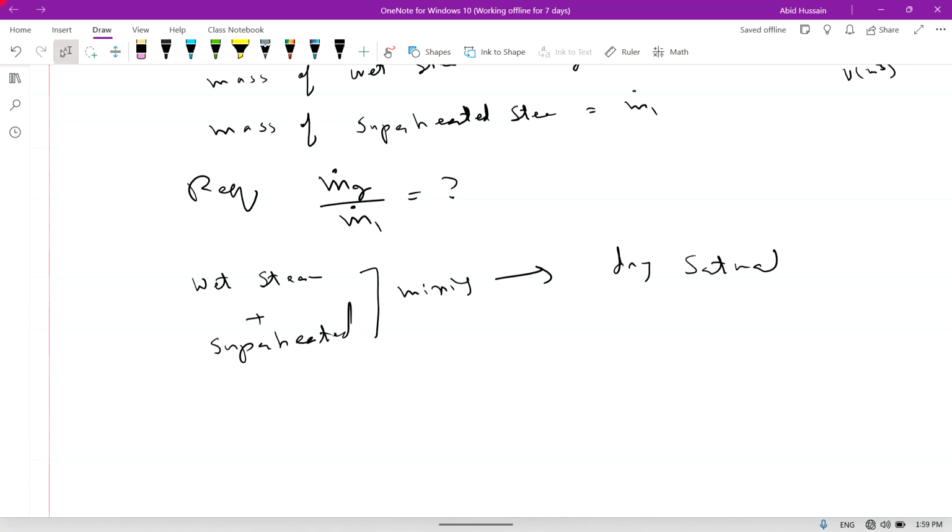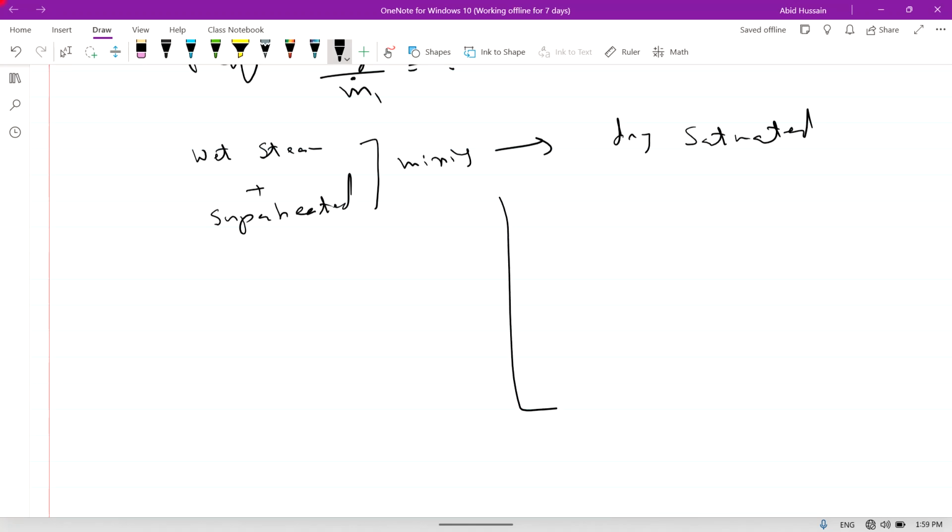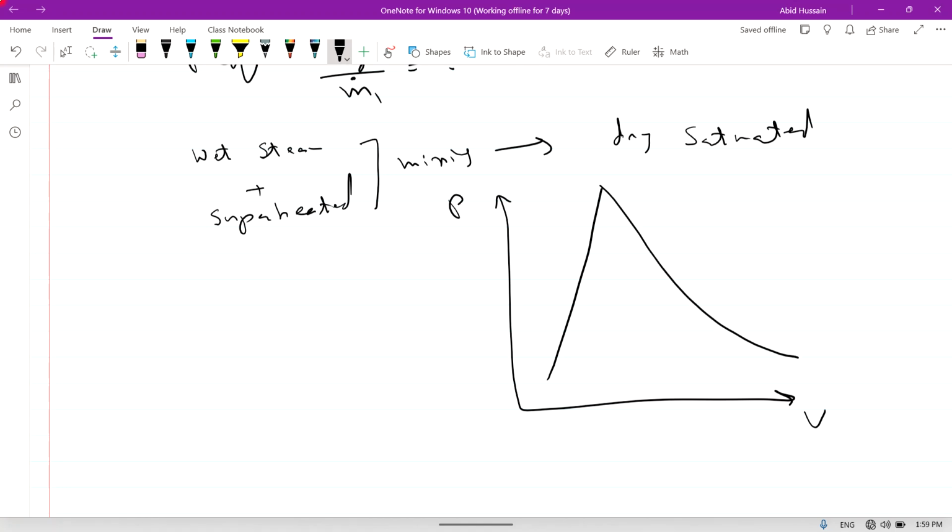Again I show it on a PV diagram, pressure in bar and volume in cubic meter per kg. This is the wet region, this is the superheated region, and this line is dry saturated.